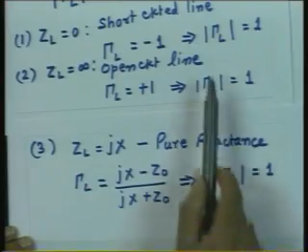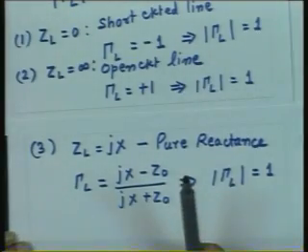Neither a short circuit can absorb power, nor an open circuit can absorb power, nor an ideal reactance can absorb power. So, whatever power the travelling wave takes to the load end, there is no option but to take the entire power back in the reflected wave form. So, whatever wave reaches the load end completely gets reflected if any of these 3 conditions are satisfied. And that is what is represented by the magnitude of the reflection coefficient becoming equal to 1.